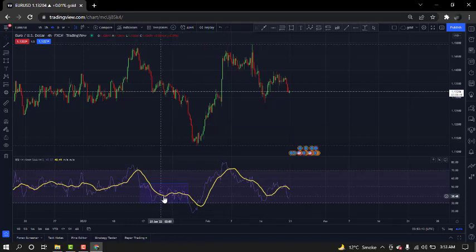So in simple words, you can see there is a zone, then the market goes down, everyone is selling, and right here the RSI value touched 17. It means it's a highly oversold market at this condition.